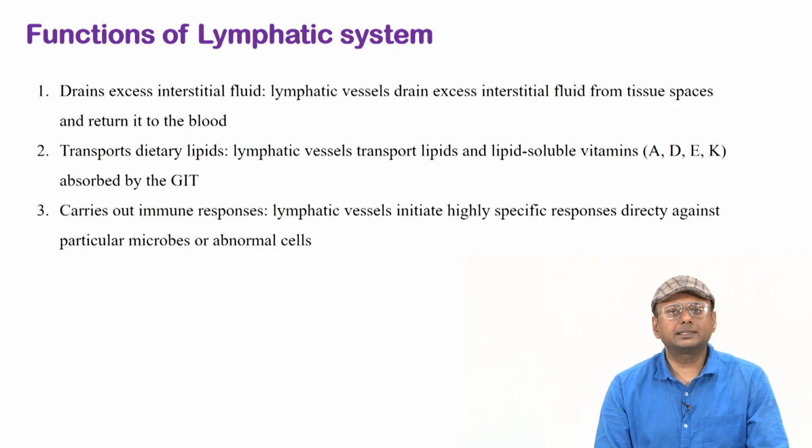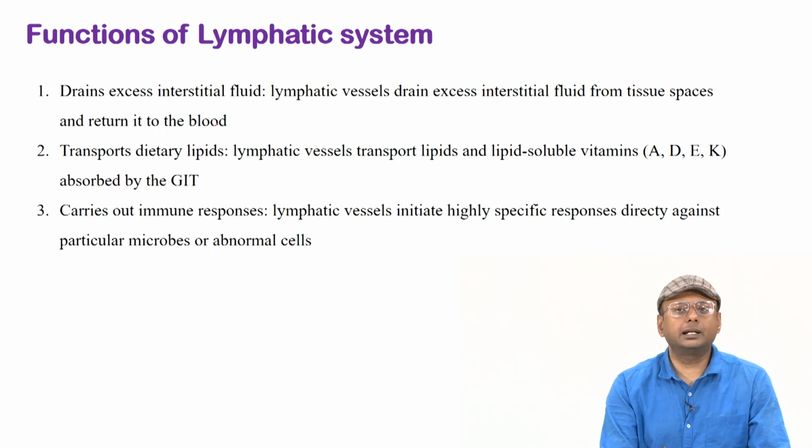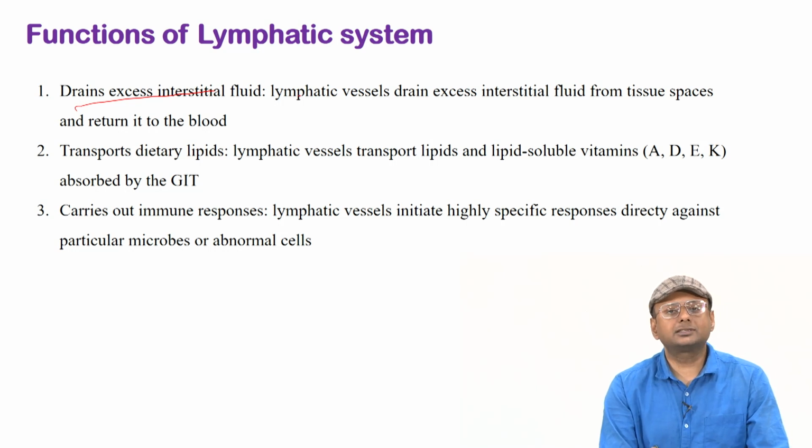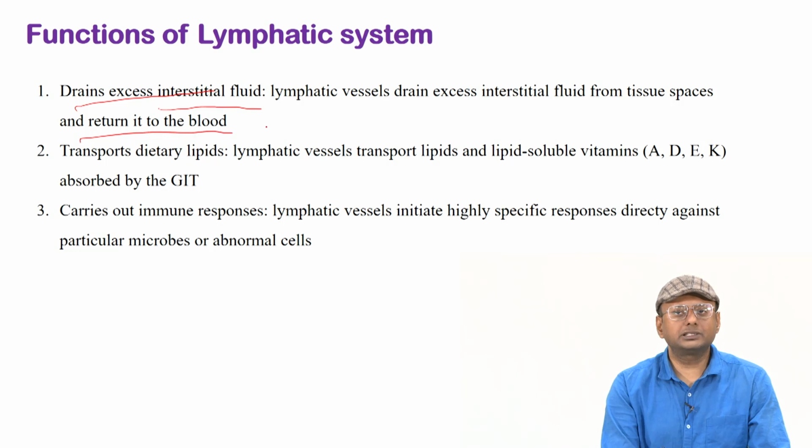Functions of the lymphatic system. So, what it does is basically drain excess interstitial fluid that is present in our tissue. Lymphatic vessels drain excess interstitial fluids and that returns to the blood. This is very important because as a whole we have to maintain the water balance in our body.